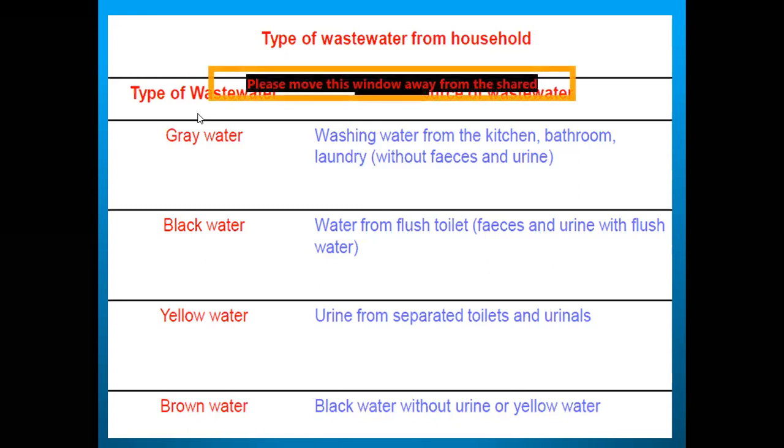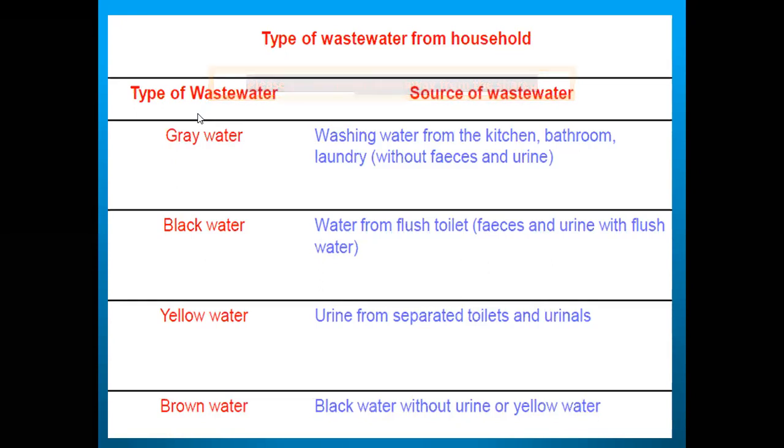Next, black water, the water coming from flushing of the toilets, urine, feces with the flush water, we are calling them as a black water. Next, yellow water. Yellow water ante only urine separated from the toilets, we are calling them as a urine, that is yellow water. Next, brown water, black water without urine or yellow water.